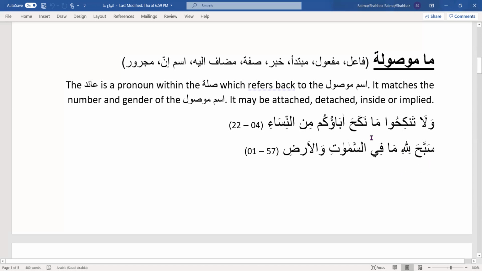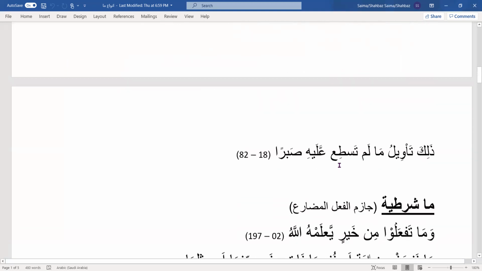So in the first example, the ma mausulah and its sila together were playing the role of a maf'ul. In the second example, it is playing the role of a fa'il. Okay, we haven't talked about aid yet. So inshallah, in the third example, we will talk about the aid.